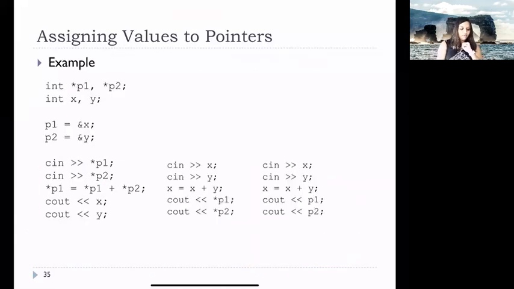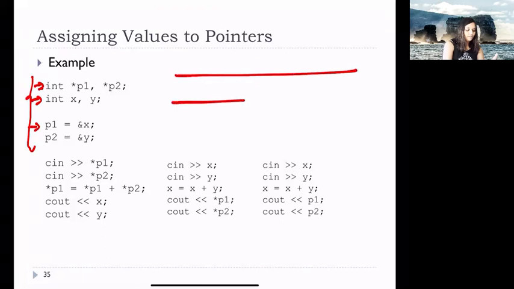Let's see some examples to make the usability of the address of operator, the dereferencing operator, and the variables more clear. So here we have an example with these 4 lines of code where you are initializing 2 pointers, and you are initializing 2 variables, and then you are saying that pointer p1 points to the address of x.